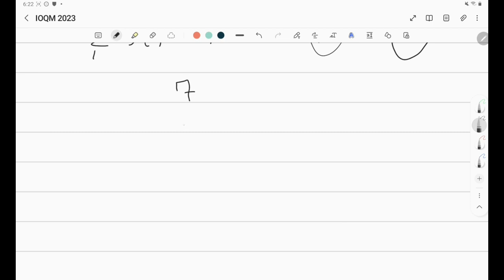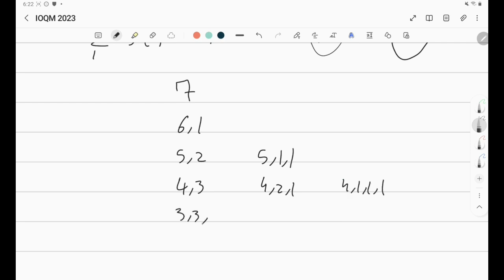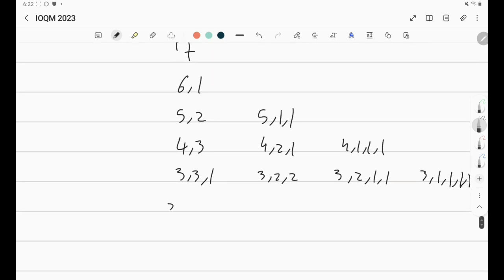7 is just one partition. 6 1 is 1. 5 2, 5 1 1, 4 3, 4 2 1, 4 1 1 1, 3 3 1, 3 2 2, 3 2 1 1, and 3 1 1 1 1, and 2 2 2 1, 2 2 1 1 1, and 2 1 1 1 1 1.